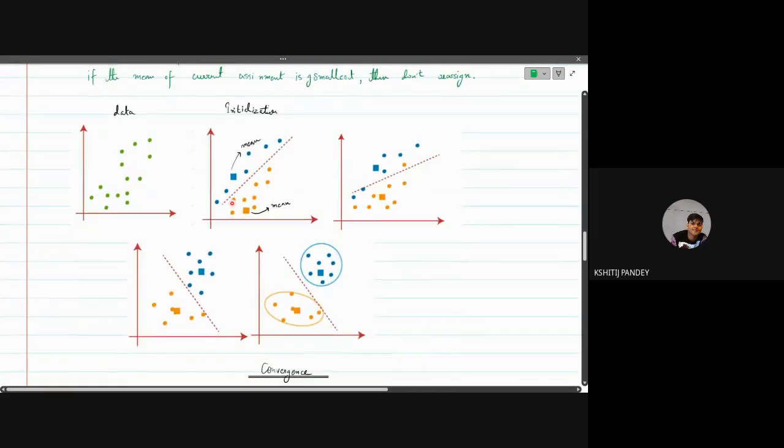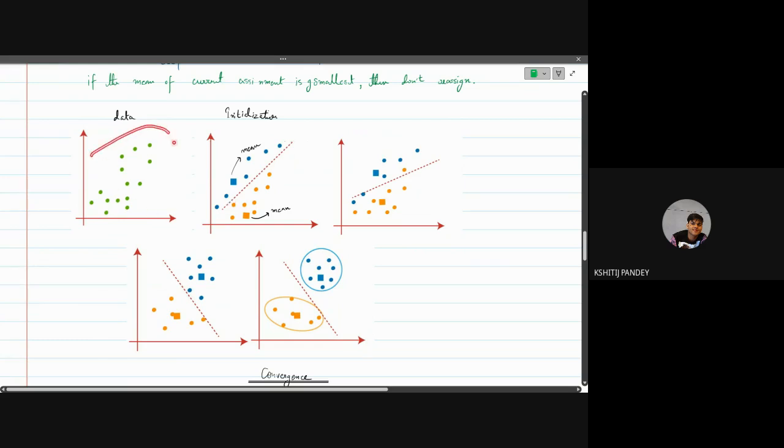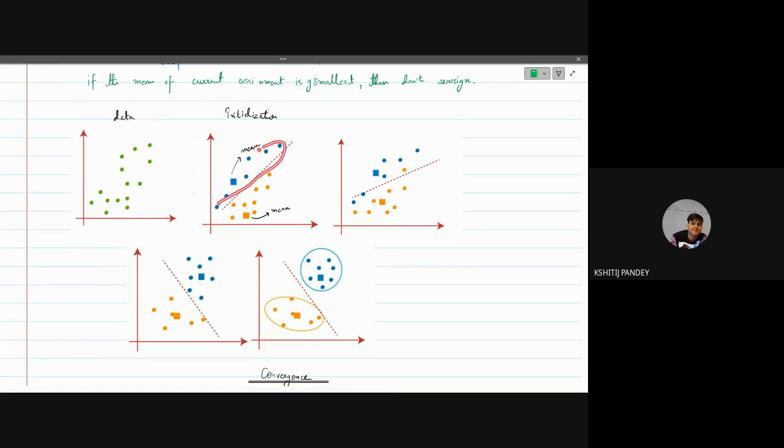Now let's see this in action. So this is our data set. We have given random assignment. These are blue points and these are orange points. After that, we calculated the mean. And then we computed the distance of all the points to the current mean and the mean of the other cluster.